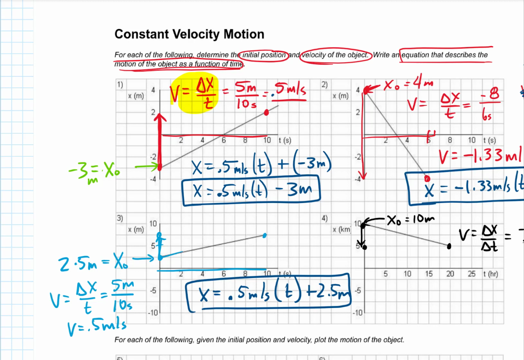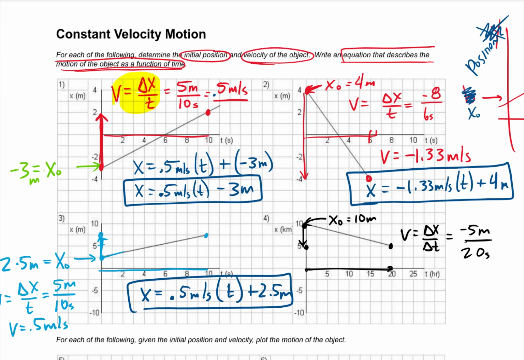And then the time, we go from 0 to 20. So the time is 20 seconds. A little off screen. -5 meters over 20 seconds. That makes our velocity -0.25 meters per second.